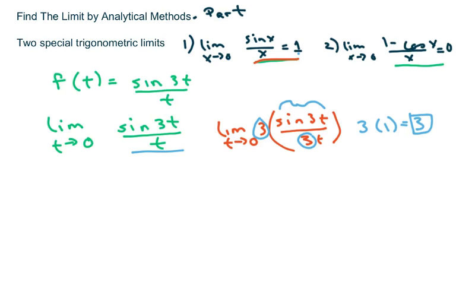Okay, the next one we have, I'll do it on the next slide. The limit, or our f of x, is, well, let's just write it out. The limit as x approaches 0 of cosine of x minus 1 over 2x squared.